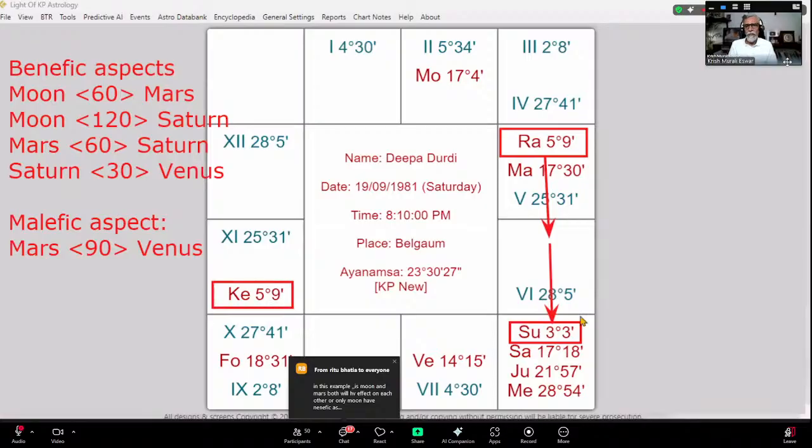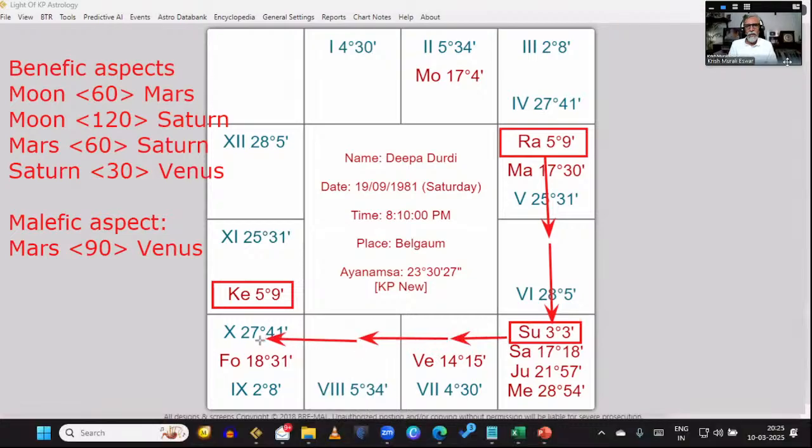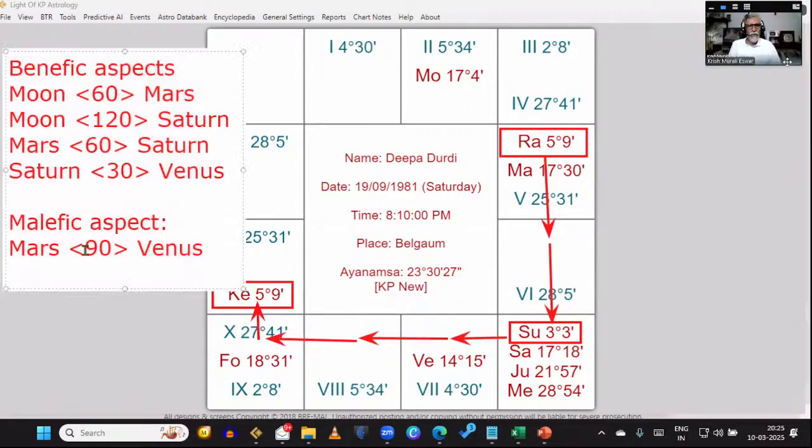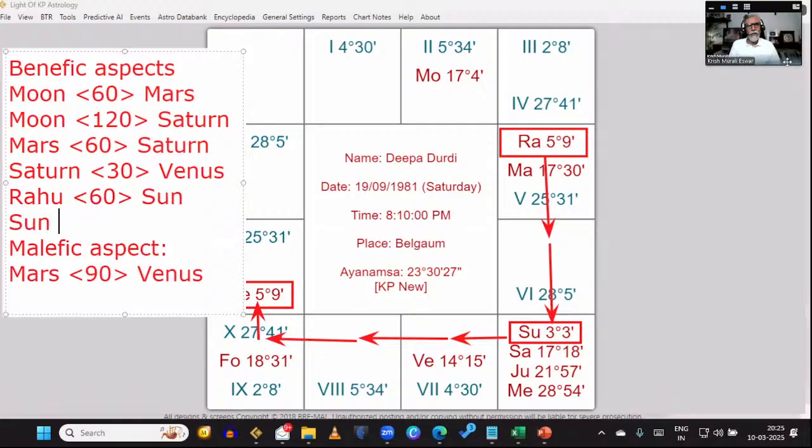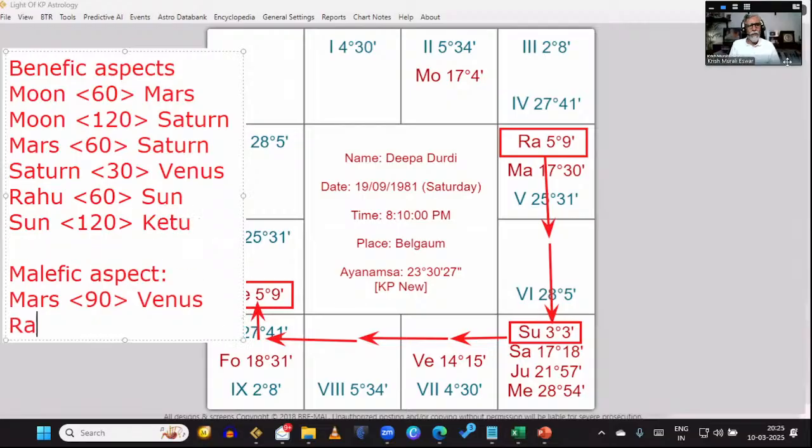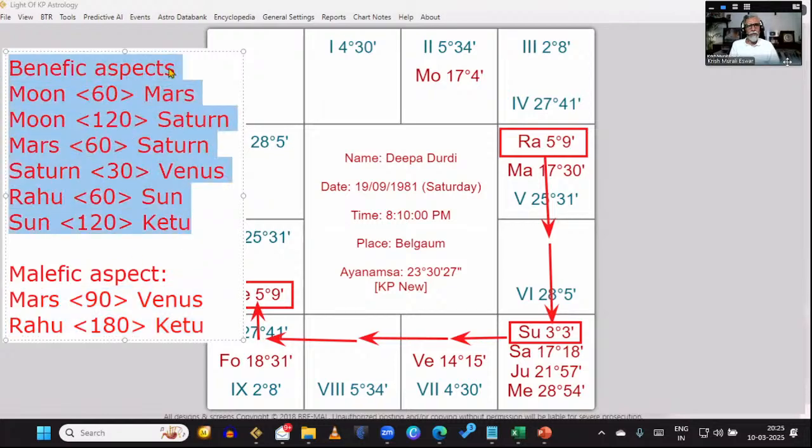And the distance between Sun and Ketu is 30, 60, 90, 120. Now, Rahu, 60 degrees to Sun. Sun, 120 degrees to Ketu. Rahu, 180 degrees to Ketu. Clear? So these are the two malefic aspects. These are all benefic aspects.